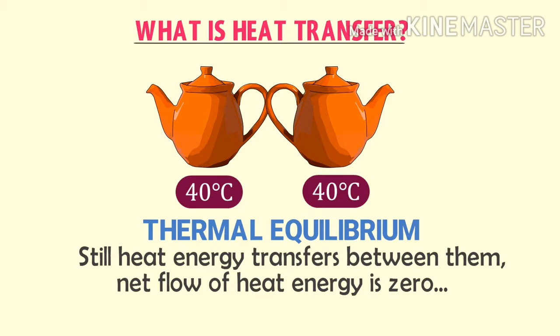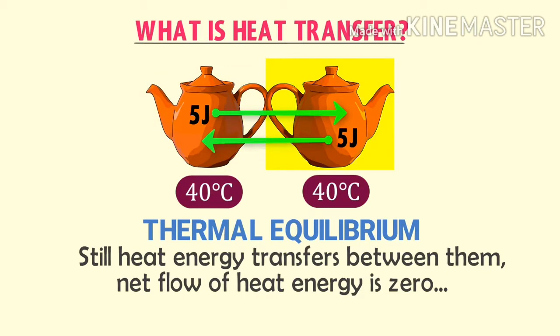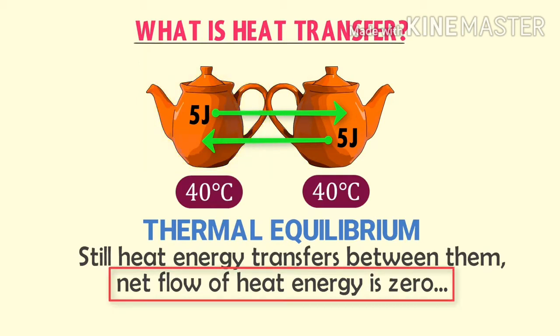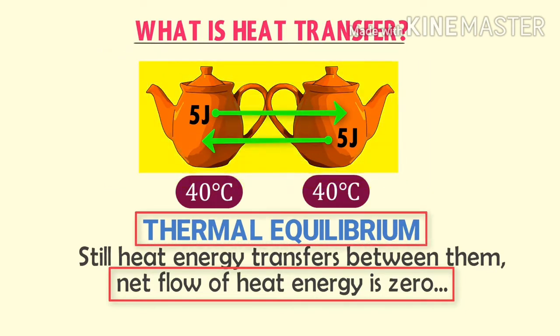For instance, if 5 joules of heat energy flows from this object to this object, then 5 joules of heat energy flows from this object to this object. Thus, the net flow of heat or thermal energy is zero, and both objects are in thermal equilibrium.